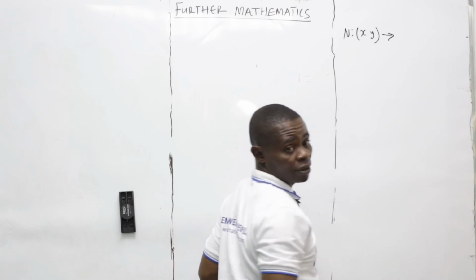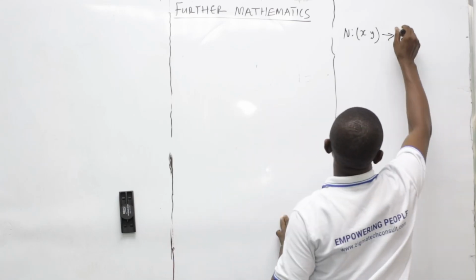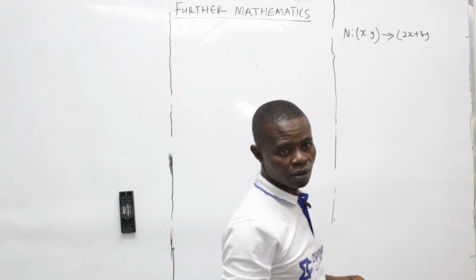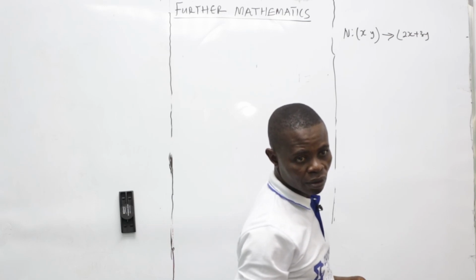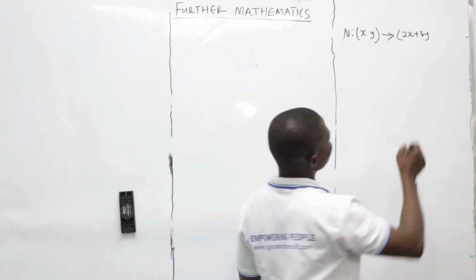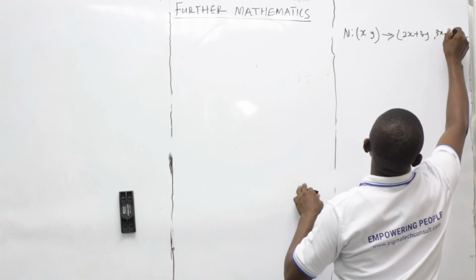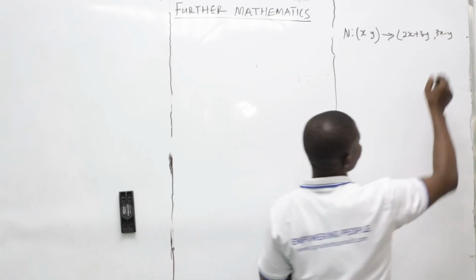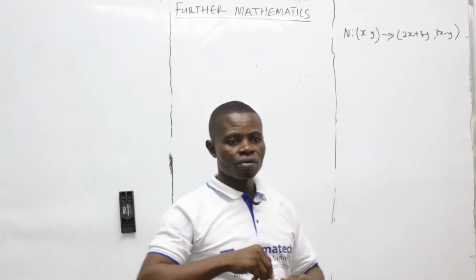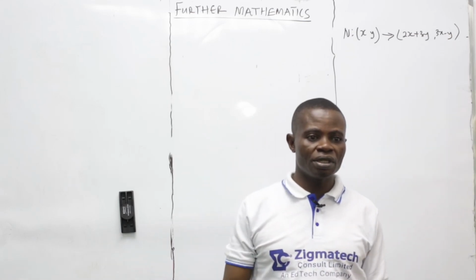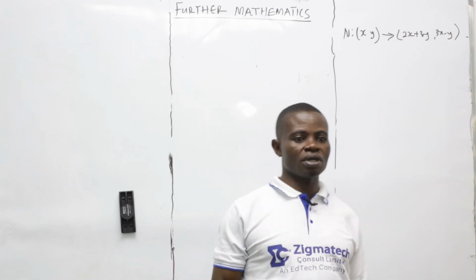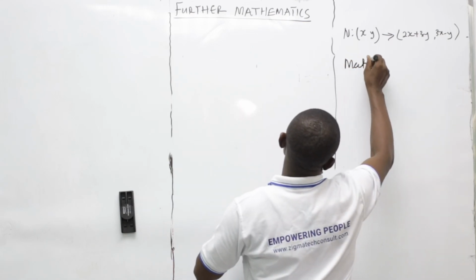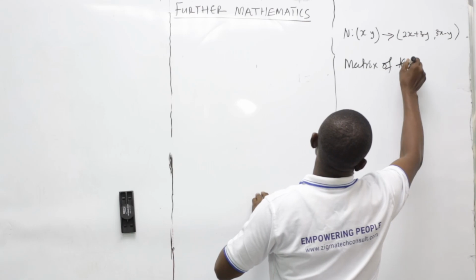Linear transformation given by N: (x, y) implies (2x + 3y, 3x - y). Okay. Write down the matrix N of the transformation. Now you write the matrix of the transformation.